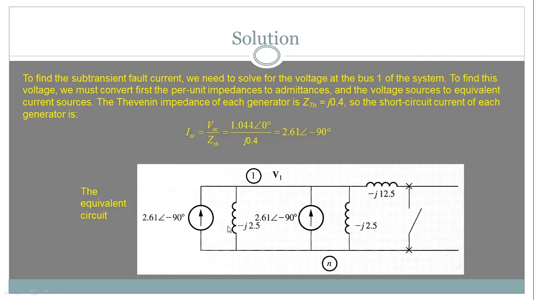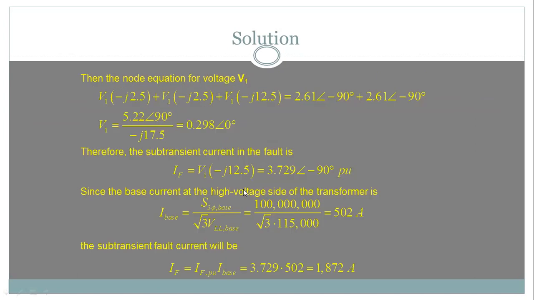So now we have to apply nodal analysis at node 1. If we apply nodal analysis, then the entering current, by Kirchhoff's current law, should be equal to the leaving current of this particular node. So the entering current of this node is the two current sources, and the leaving current from this node goes through the three parallel branches.